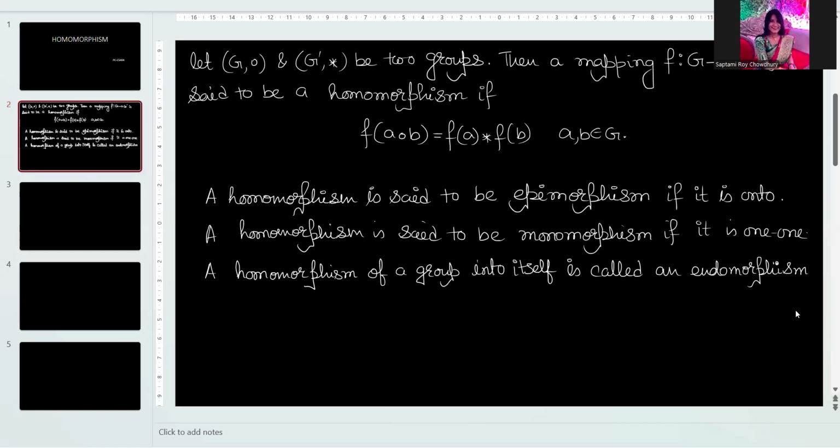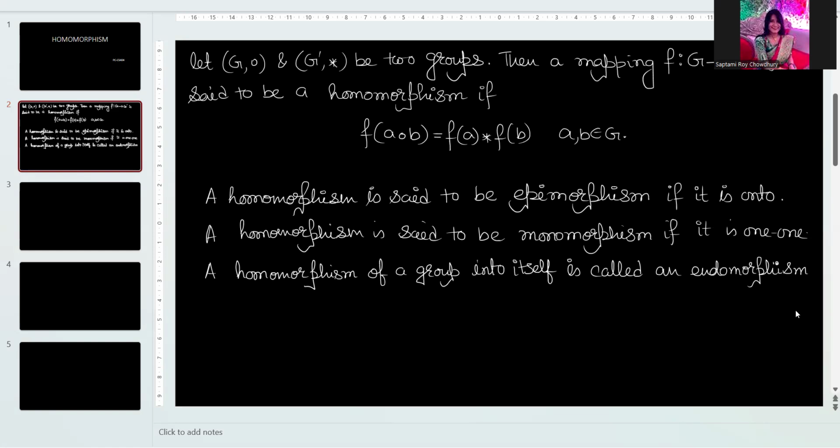A homomorphism is said to be epimorphism if it is onto. If it is 1-1, homomorphism plus 1-1, this is monomorphism. And a homomorphism of a group to the same group is called the endomorphism.